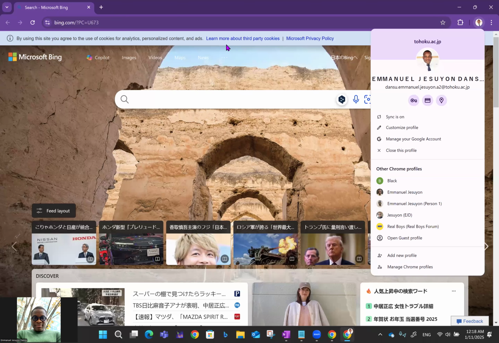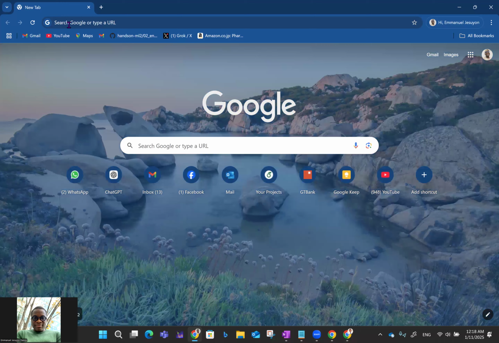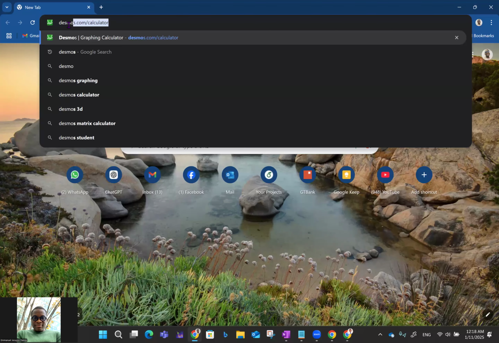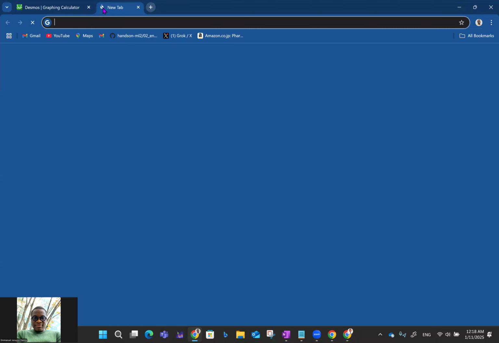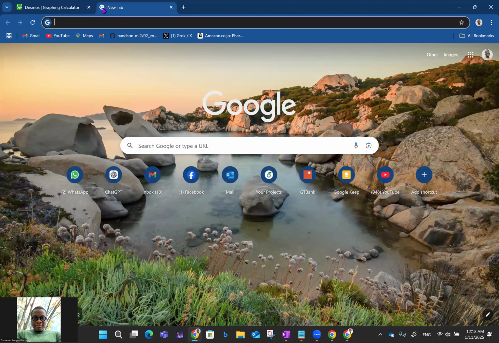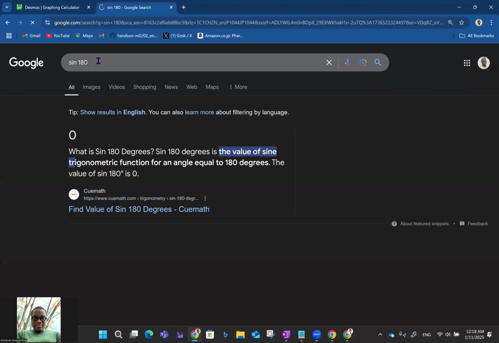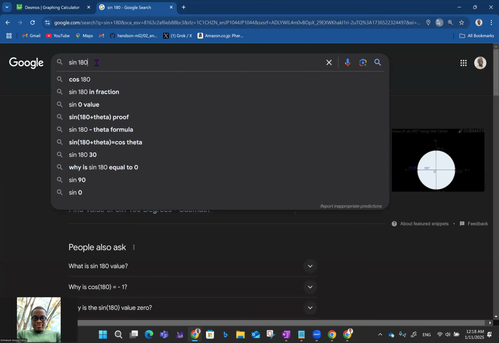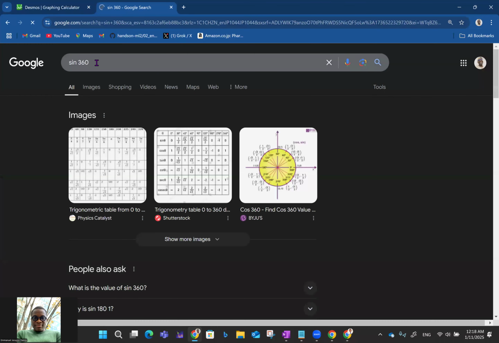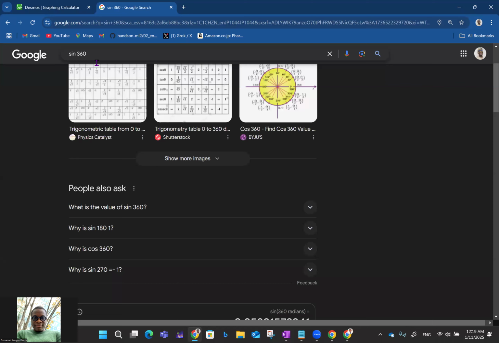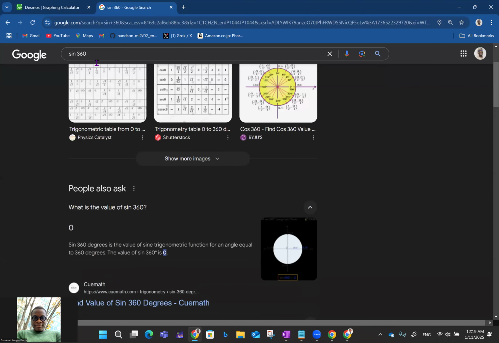Or in fact, we can just use Google. So sine 0 is zero, clear. Then sine 180 is also zero. And sine 360 I think should also be zero. Yeah, sine 360 is also zero.